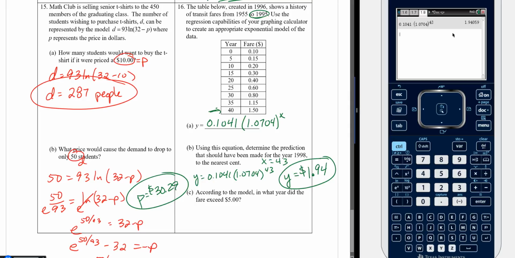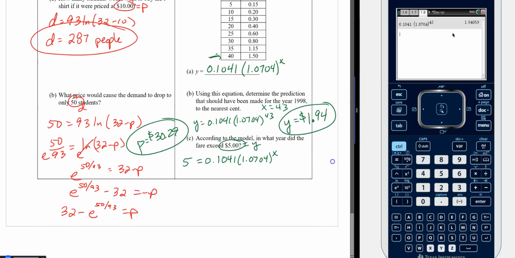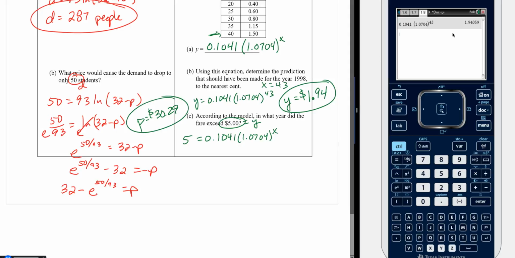And then according to the model, in what year did the fare exceed $5? So that would be plugging in 5 for y. So 5 equals 0.1041 times 1.0704 to the x. Gonna need a little bit more space here. So we're gonna divide 5 by 0.1041.